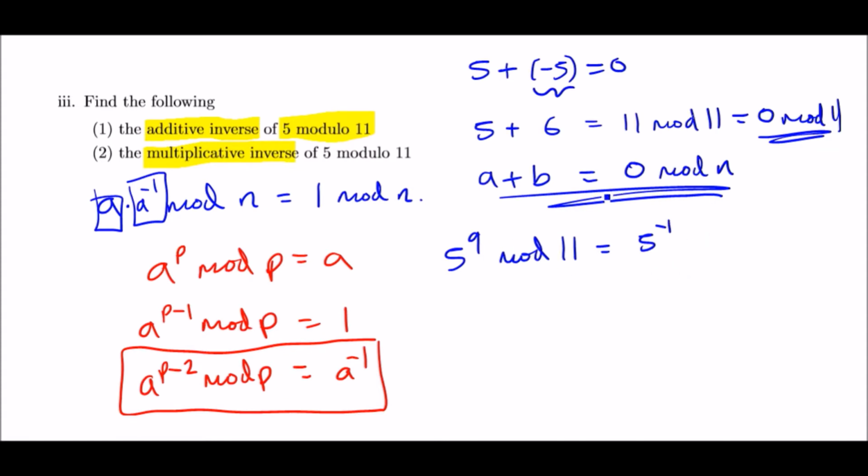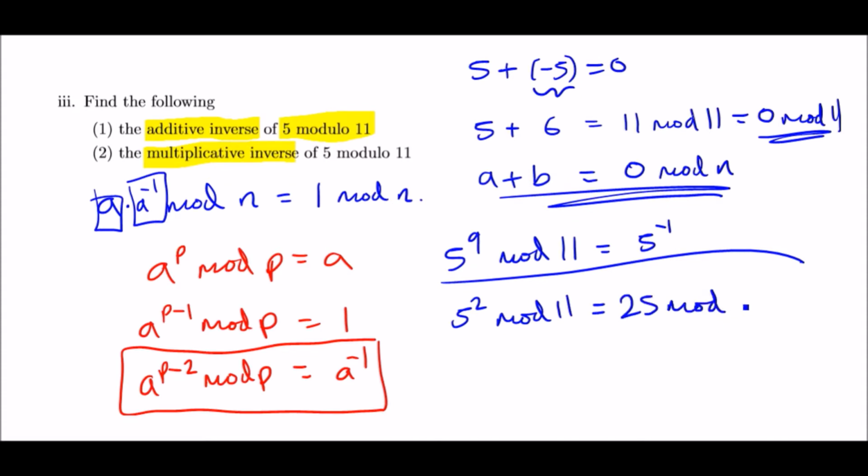So let's work in the beginning. Let's work with 5 squared first, and let's try and make 5 to the power 9. 5 squared is 25. So this will give us 25 mod 11, which is the same as, and reducing this mod, remember you can just simply subtract 11 to get 14 and subtract 11 again, and you get left with 3.